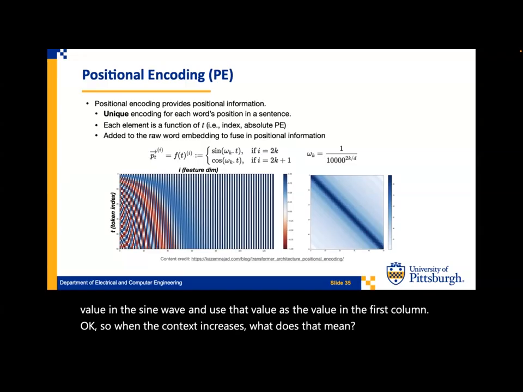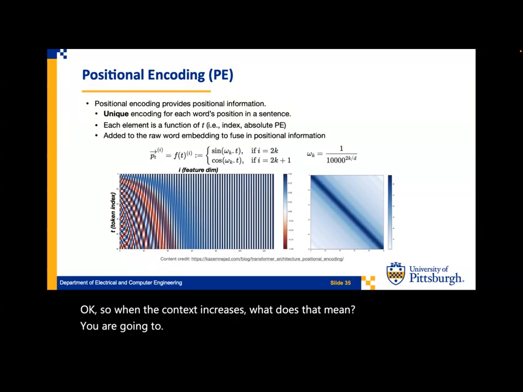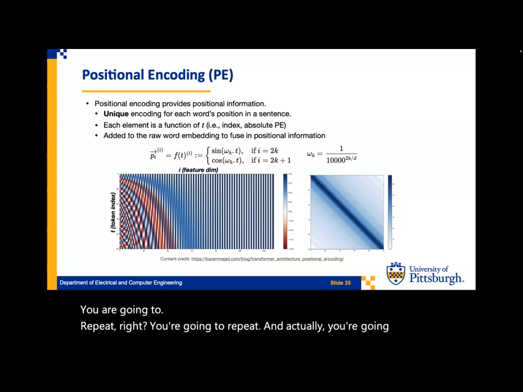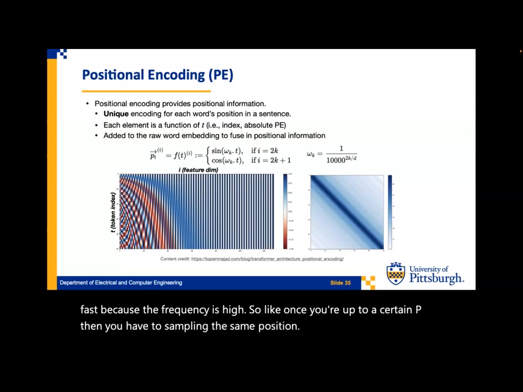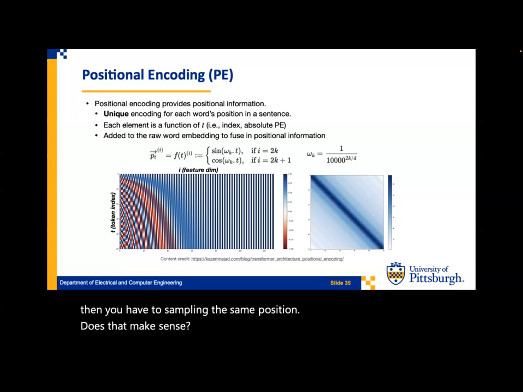You are going to repeat, and actually you're going to repeat fast because the frequency is high. Once you're up to a certain t, you have to sample in the same position. Does that make sense? That's bad, because the whole point of positional encoding is that we want them to be different, right?